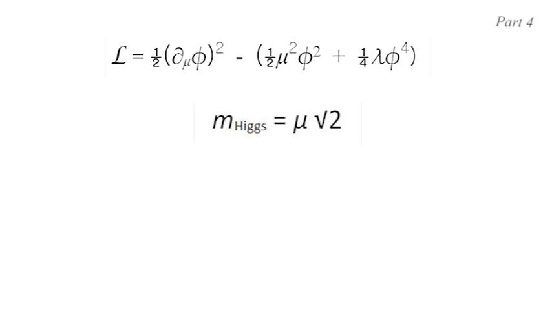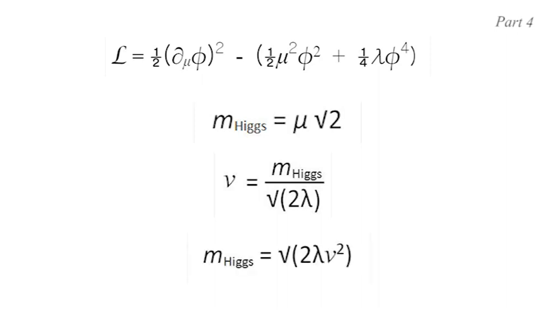The other important conclusion, of course, is that the Higgs field is not zero throughout space, but has a value of v, or maybe minus v, where v is given by the mass of the Higgs over the square root of 2 lambda. Or you could say the mass of the Higgs is the square root of 2 lambda times v squared.